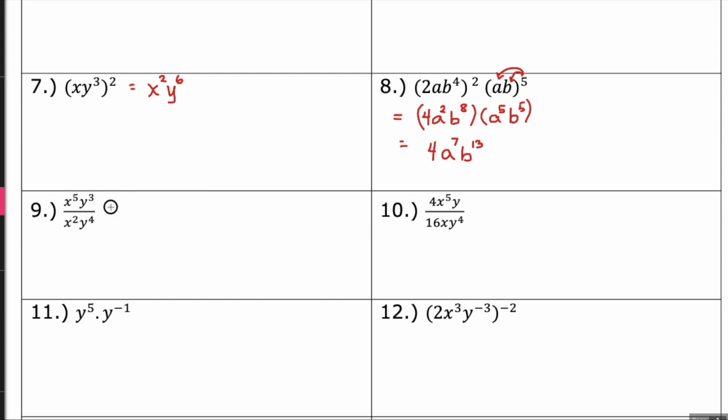So you have x to the 5 minus 2, because it's division, so you subtract the exponents, and y to the 3 minus 4. Now, simplifying this, 5 minus 2 is x cubed. Now, 3 minus 4 is y to the negative 1.